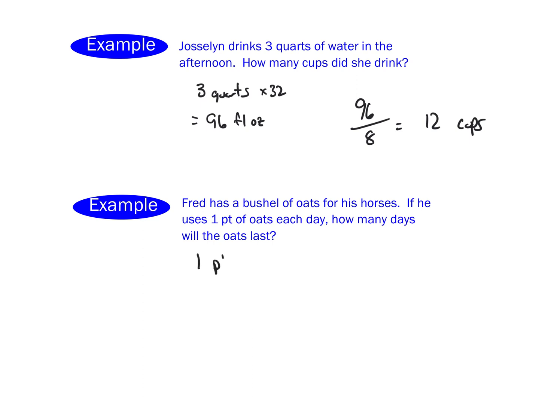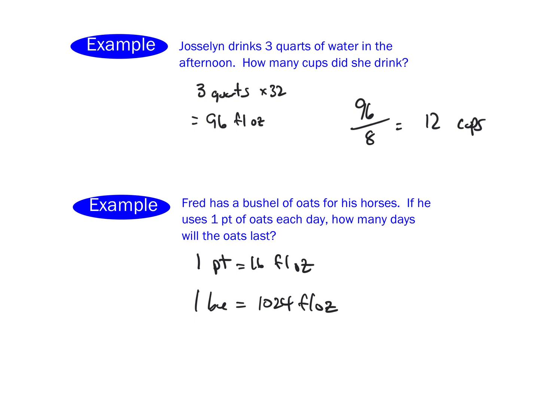So 1 pint is 16 fluid ounces, and a bushel is 1,024 fluid ounces.